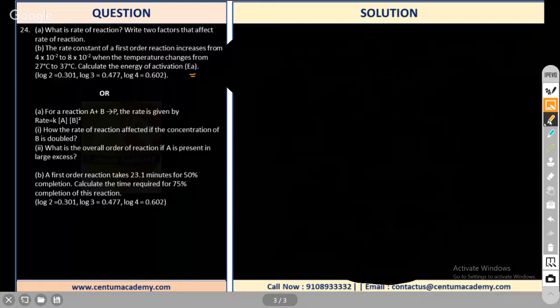Why pseudo? Because when you look at the rate expression, it should be 2 plus 1, 3. But since A is present in excess, the rate is independent of the concentration of A. So rate depends only on B, which is raised to the power 2, and we call it a pseudo second order reaction.